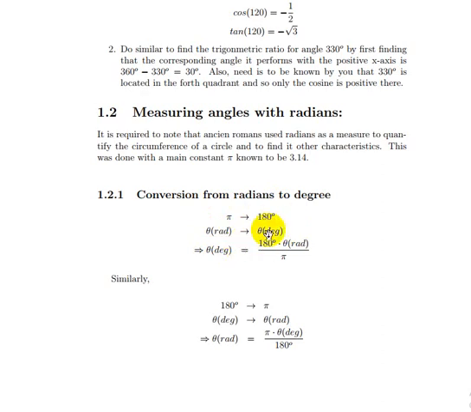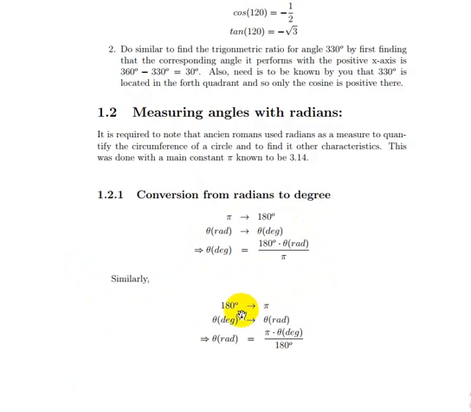By cross multiplication, you do this times this divided by this. So theta in degrees is going to be 180 degrees times theta in radians all over pi. This is how to change your angle from radians to degrees.